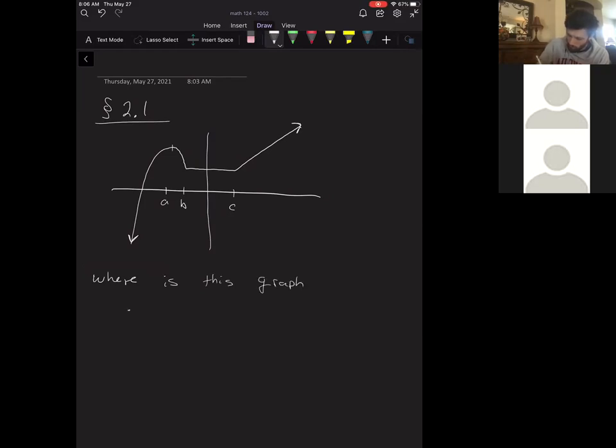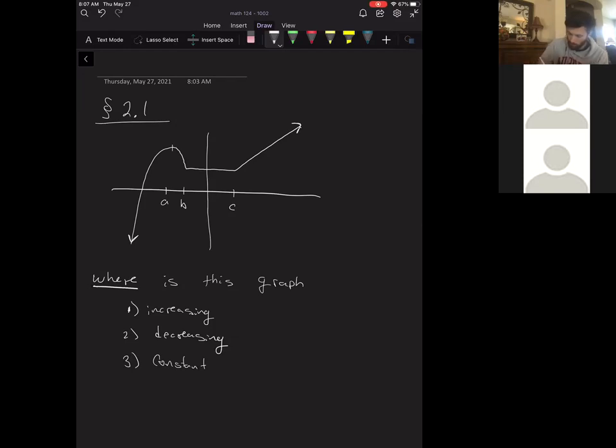So when we want to know where this graph is increasing, decreasing, and constant, the question is talking about x values. So what are the x values where the graph is increasing?